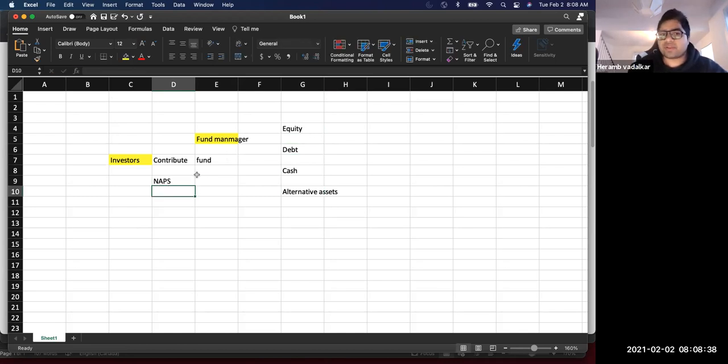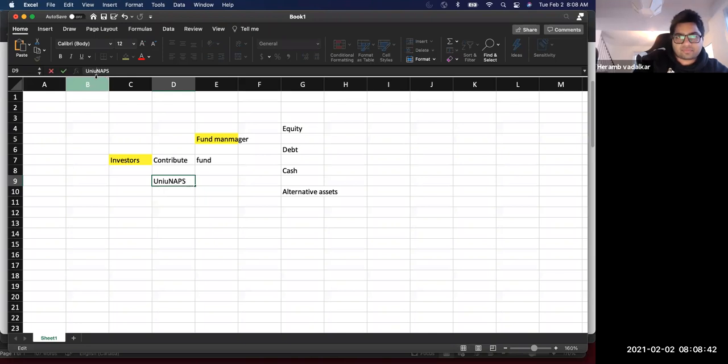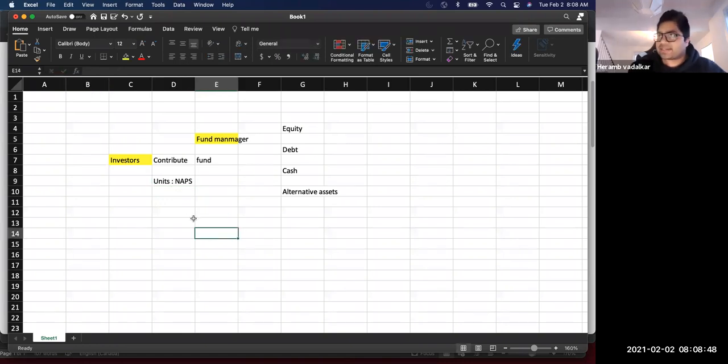The fund will give you some units. Those units represent your stake in the fund investment. So once again, investors contribute money to a fund. The fund is managed by a fund manager who makes investments in different assets like equity, debt, cash, and alternative assets.